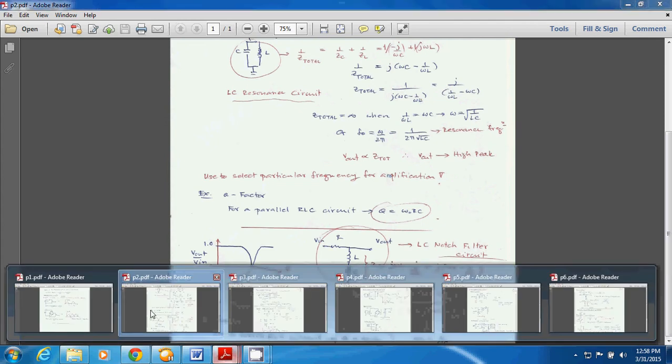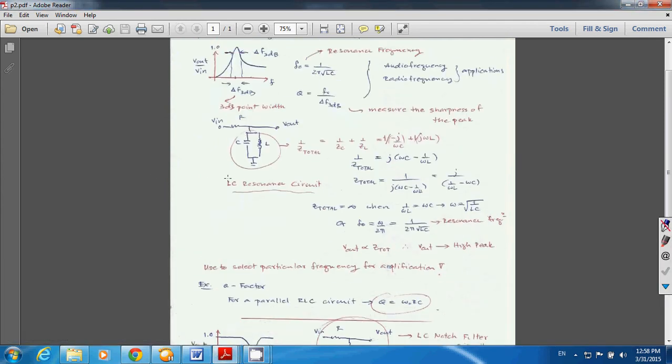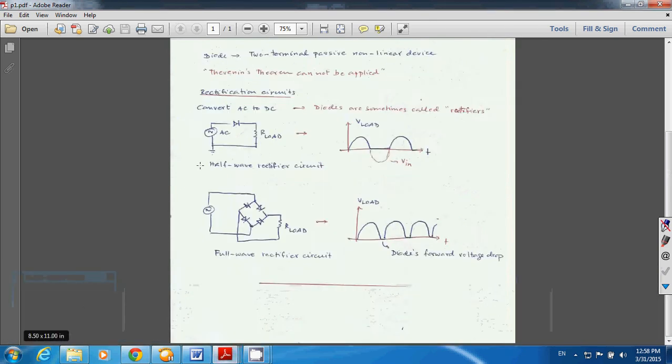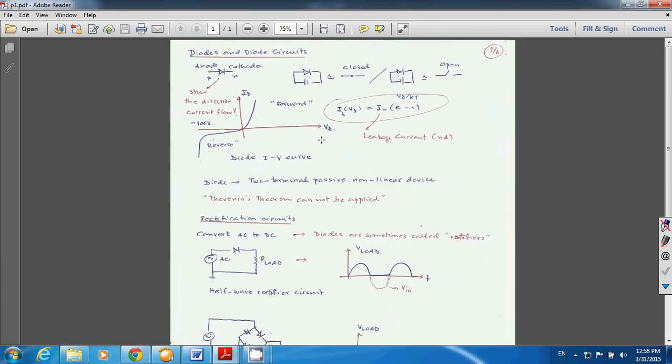The next electronic device that we are going to talk about is the diode, which is a very important electronic device for many applications. It's a very simple device, but plays a very important role in electronics.